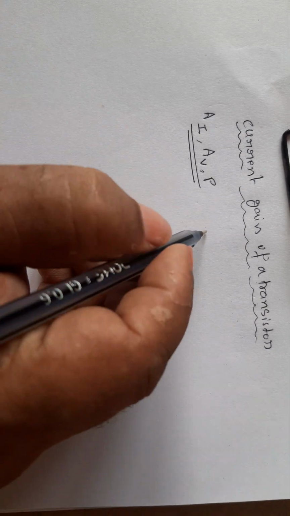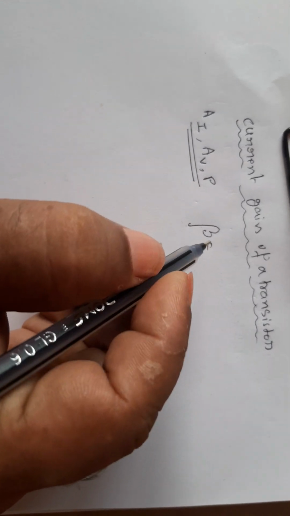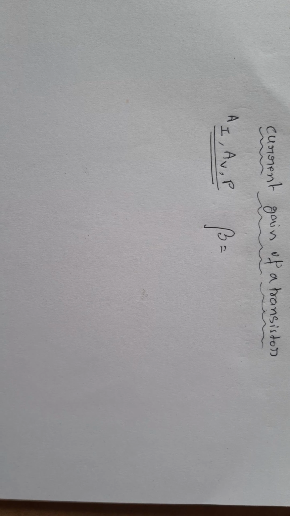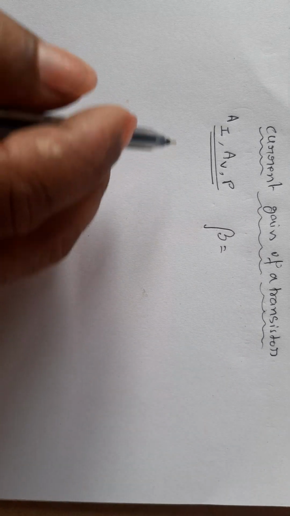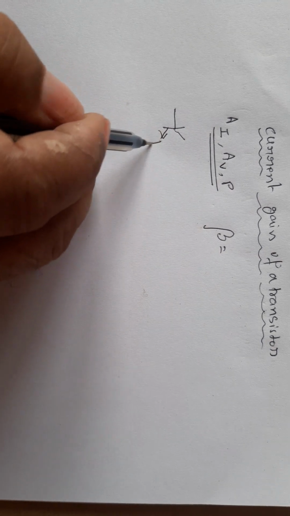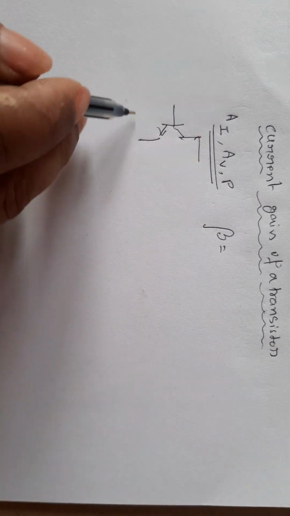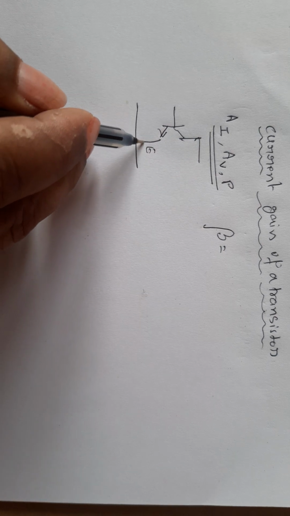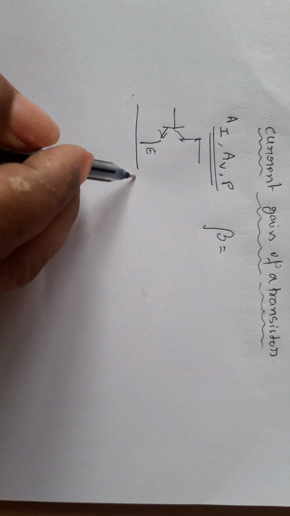Example, when the emitter is made common, you call it common emitter configuration. And the current gain in common emitter configuration, CE configuration, is denoted by beta. Then by the definition, gain is the ratio of output to the input. See, this is the common emitter configuration, where the emitter is made common for both input and output.